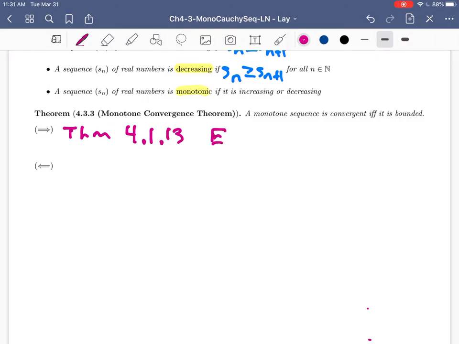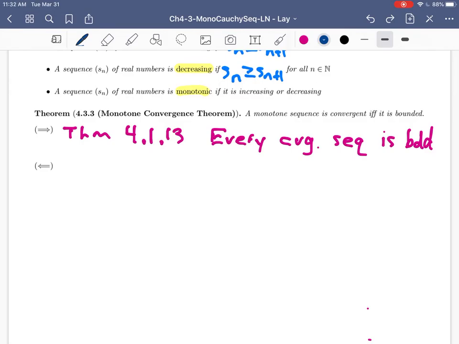Or every convergent sequence is bounded. Right, so that's an easy way to go through the forward direction. Actually, maybe I should not put that box yet. Let's wait till we're done with the whole proof.